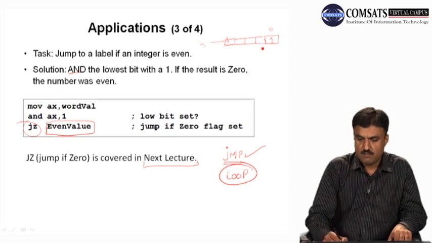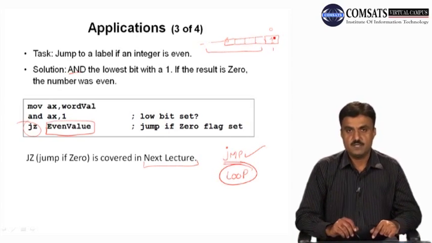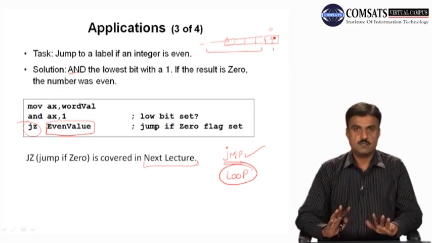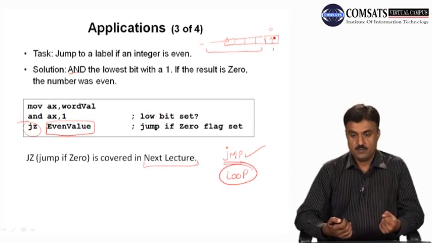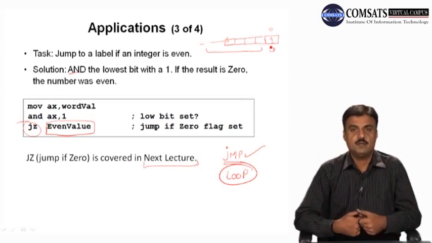If this bit is 1, for unsigned numbers, then the value is odd. If this bit is 0, then the value is even.